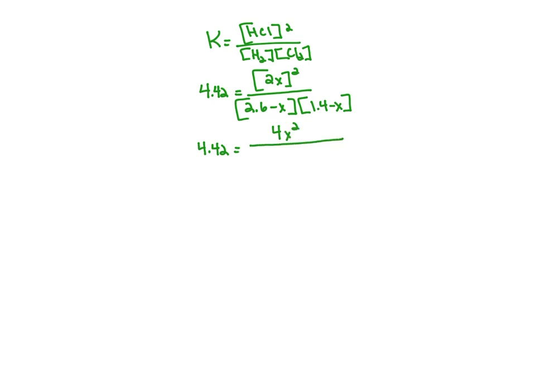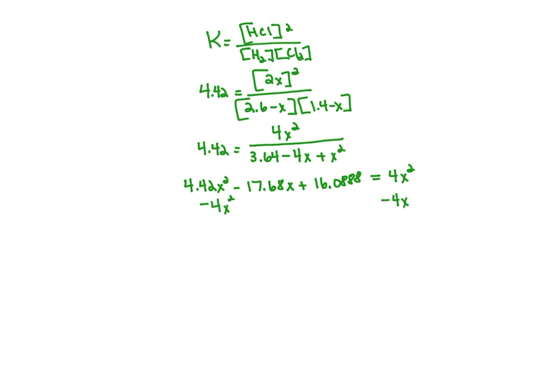I'm going to have to do FOIL for the denominator. I'm going to get that denominator on the other side by multiplying. I'm going to get that 4x squared on the other side so I can get this in standard form.